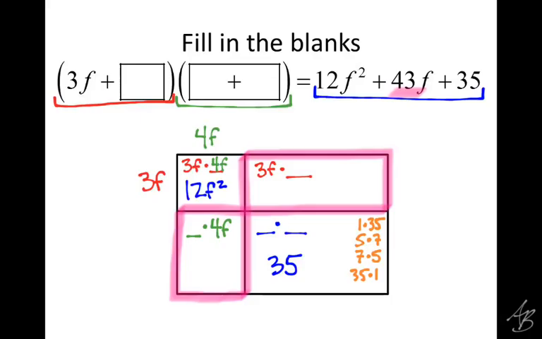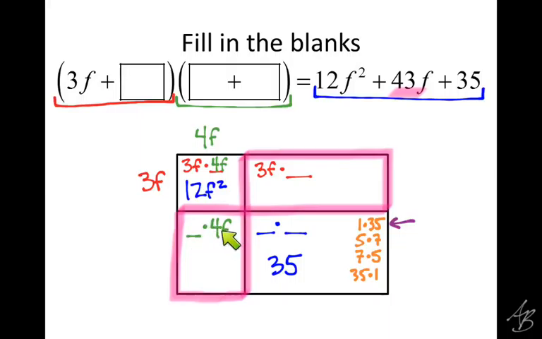So I'm going to start with the first one here, the 1 times 35, and see if this one works. All right, now I'm going to do this without writing it down. Let's see if we can think about what's happening mentally. All right, so if this is 1 times 35 here, then where's the 1 going to go? Is the 1 going to go here, or is it going to go here? It's going to go over here, right?